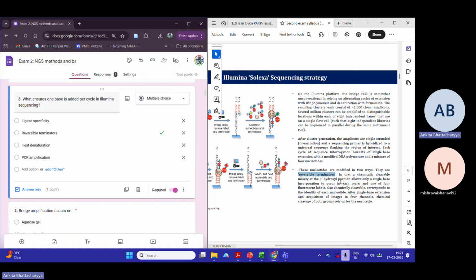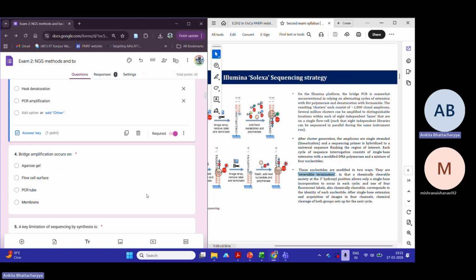They are going to allow us to repetitively use the same concept over and over again. Hence, the reversibility becomes useful because it is a chemically cleavable end, and you can get rid of the incorporated fluorescent dye, and then the next base is ready for addition. So that is what is taken care of by the Illumina sequencing strategy.